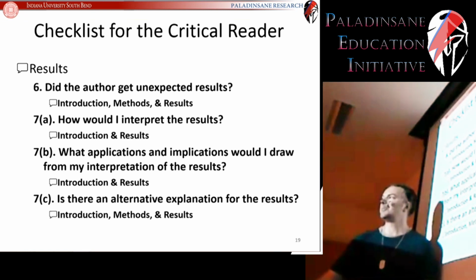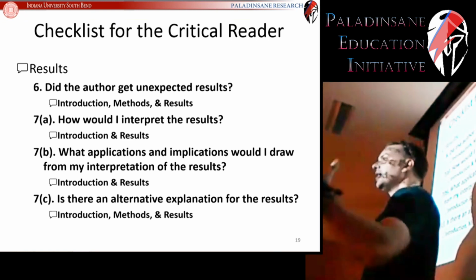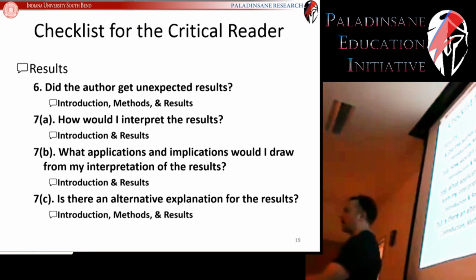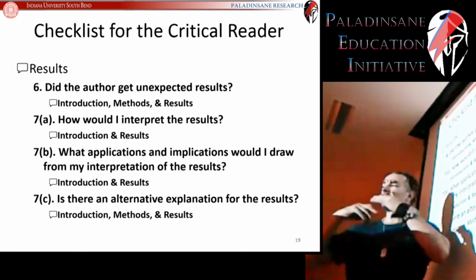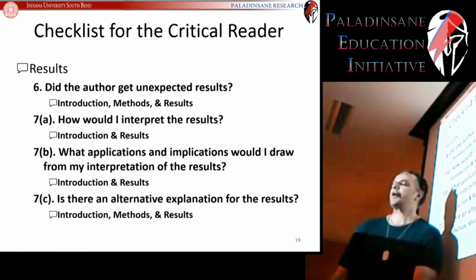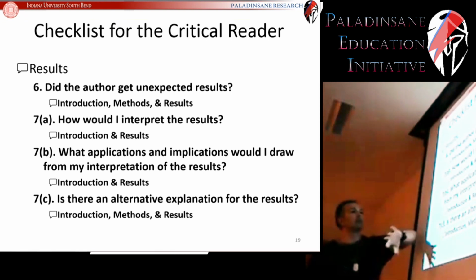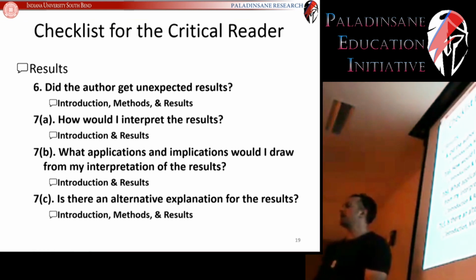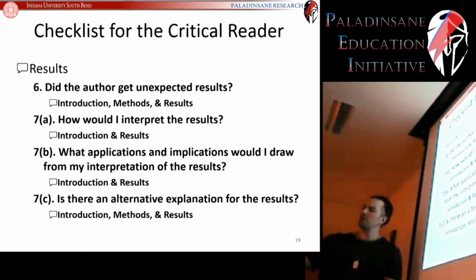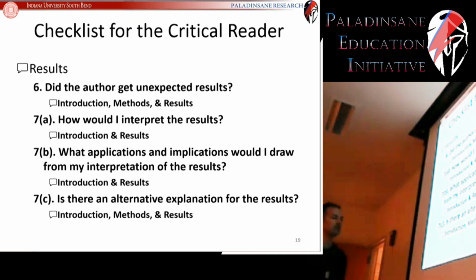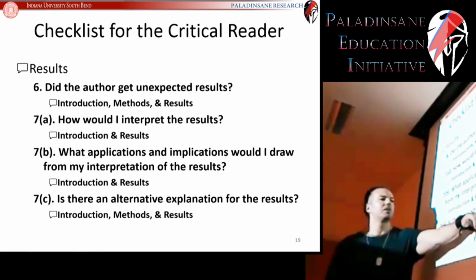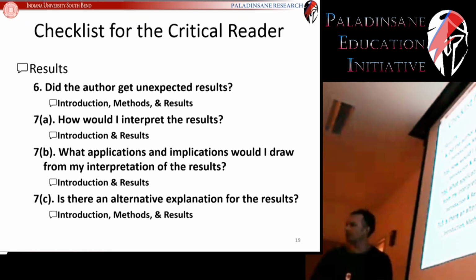Juries, board meetings, group therapy, study groups, political rallies, other places where groups come together and try to remember things. What are some of the implications that you would have? Because again, when you read an implication, when you read that other information, it kind of closes off your mind sometimes to those possibilities. And then finally, is there an alternative explanation for the results?